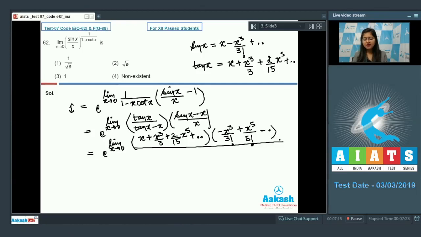In the denominator we have tan x minus x, that is x cube upon 3 plus 2 upon 15 into x^5 and so on, into x.